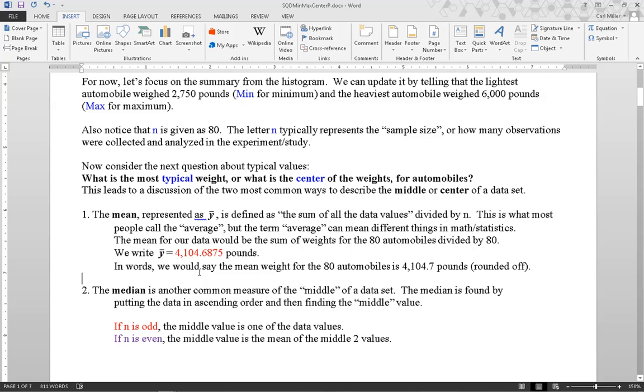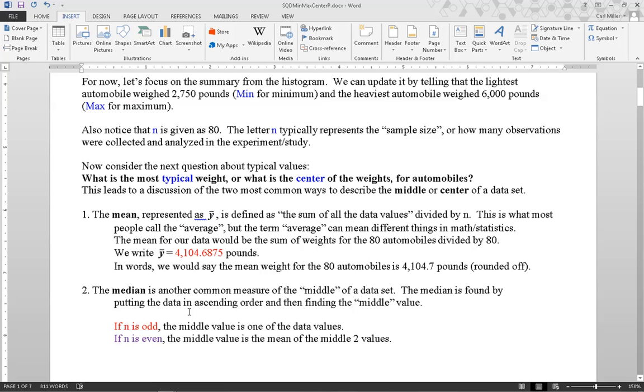The median is another common measure of the middle of a data set. The median is found by first putting the data in ascending order and then finding the middle value. If n is odd, the middle value is one of the data values.